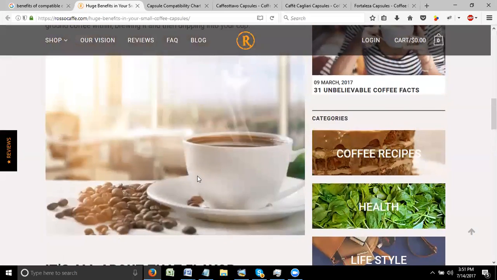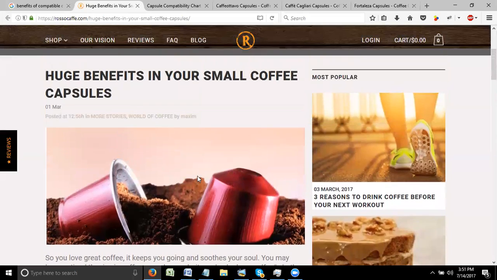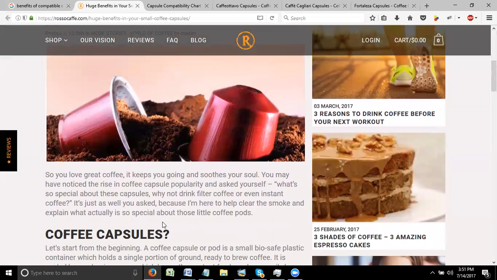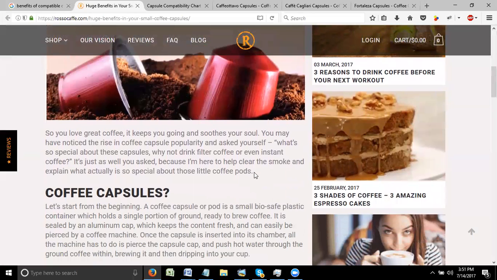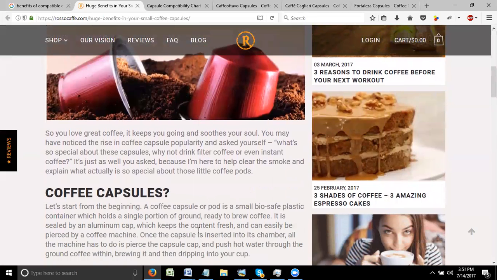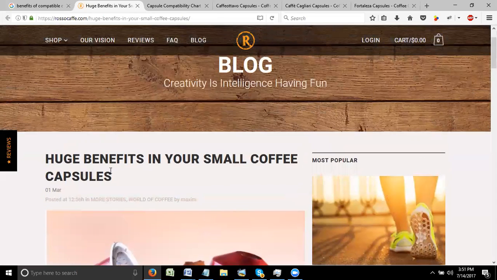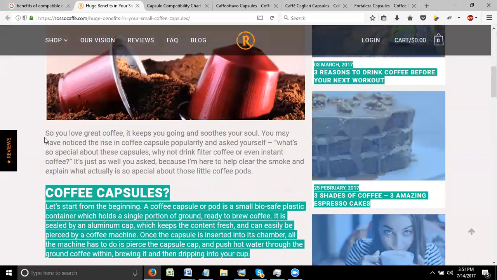Now, as I'm going through this article, one of the things I noticed is that it's adding some unnecessary things. It's talking about the benefits of coffee capsules, but it's adding an unnecessary paragraph here at the top.